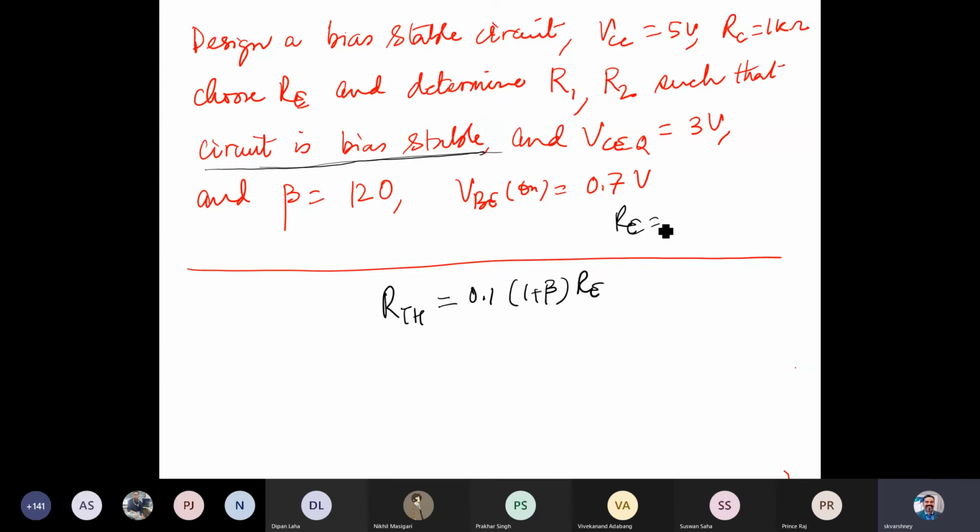So RE you can take, let's say, 0.5 kilo ohm here, or one may get 0.3, 0.4, 0.6, but roughly it is of that order, less than that. Once we have this RTH, R1 parallel to R2 gives an equation, and then VCEQ is given here. Beta is known, so you can find ICQ.